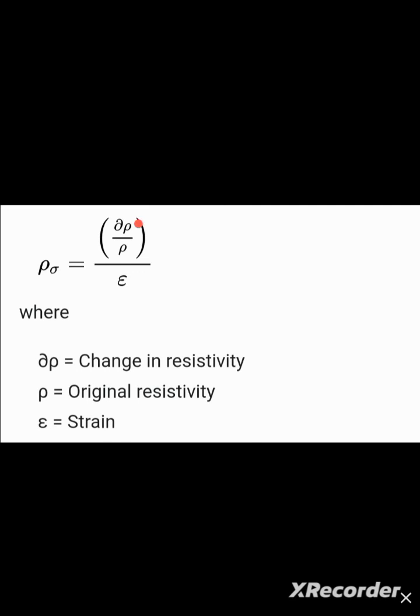So del rho is the change in resistivity, rho is the original resistivity, and this symbol is the applied strain.